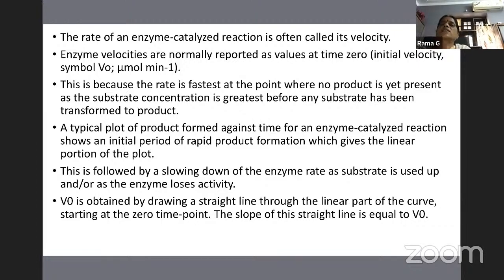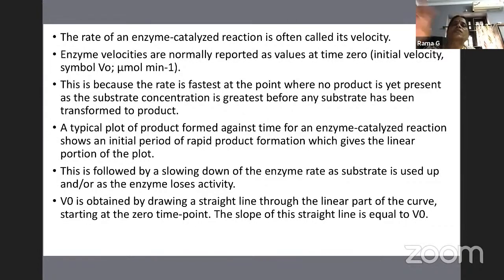Then next, by plotting a graph, we can understand that the initial period of a reaction rate is rapid, and product formation will also be rapid, and that gives a linear portion of the graph plot. This is followed by a slowing down of the enzyme rate as substrate is used up.